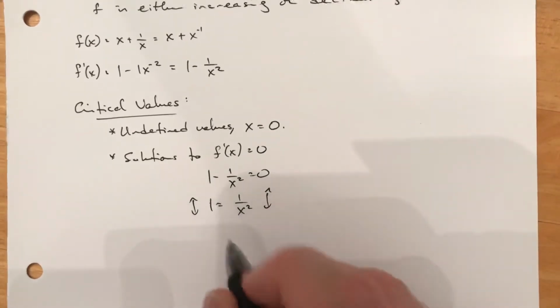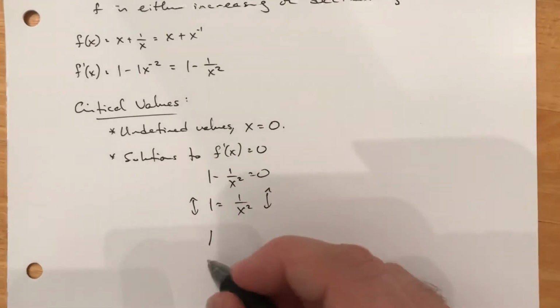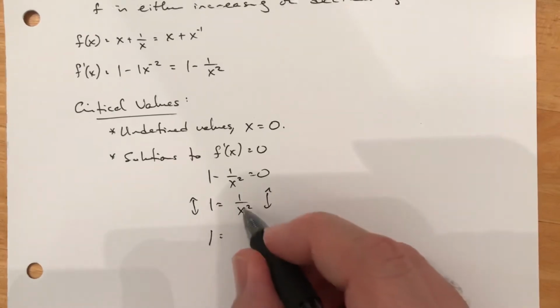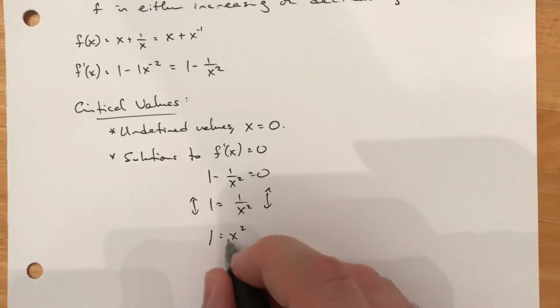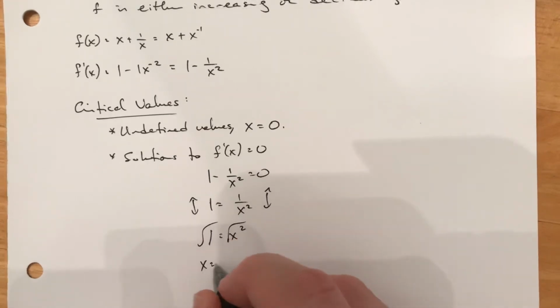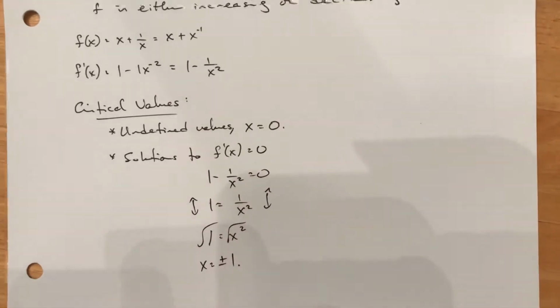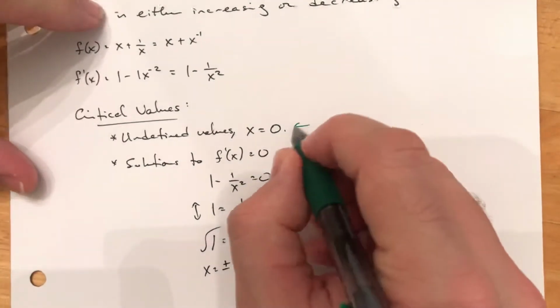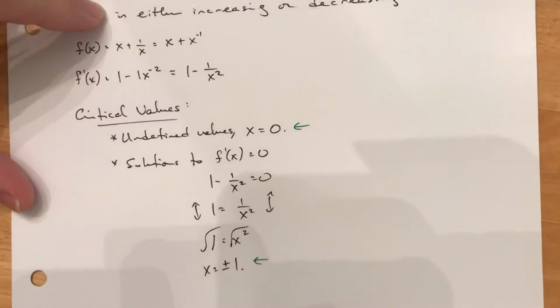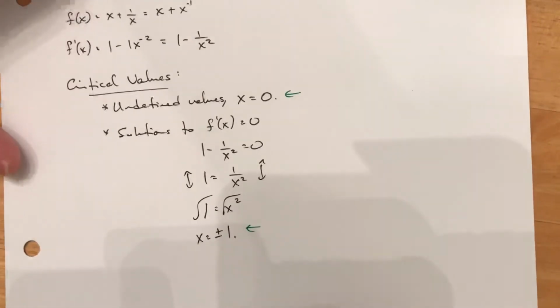If we flip 1 over, we just get 1, and if we flip this 1 over x squared over, we just get x squared. Take the square root of both sides, and x is positive and negative 1. So this time we got 1, 2, 3 critical values for our function.